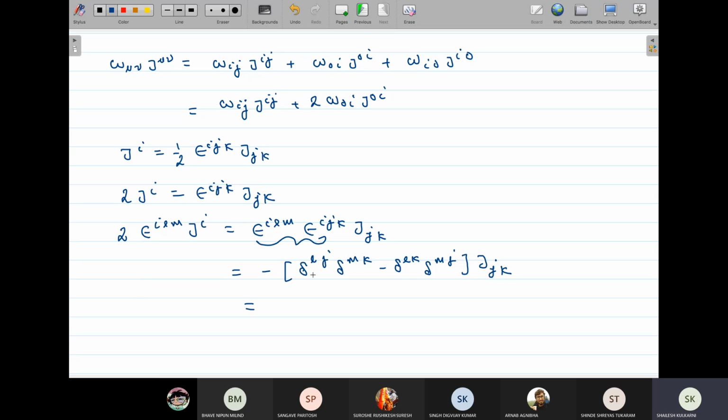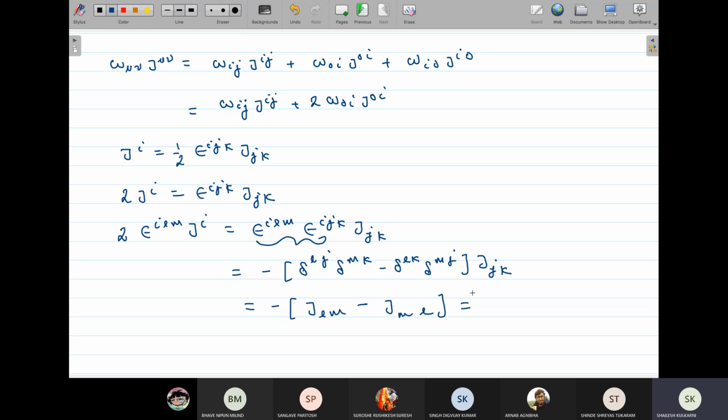So what is this? Delta lj delta mk j jk. I can replace j by l and k by m. So it will be j lm, minus delta lk delta mj: j is replaced by m and k is replaced by l.